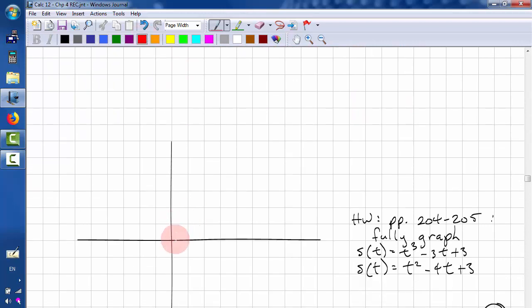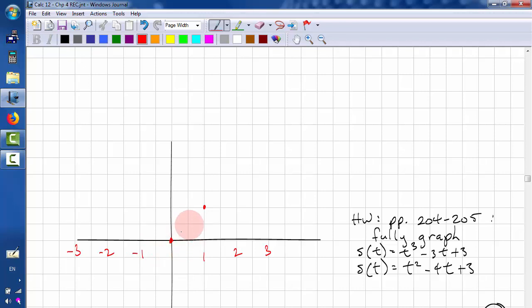Okay, we'll start with our critical points, 0, 0, and we have 1, 1. I'm going to change the scale here. This is 1, 2, 3, -1, -2, -3. So we want to use a scale that's going to show the features.